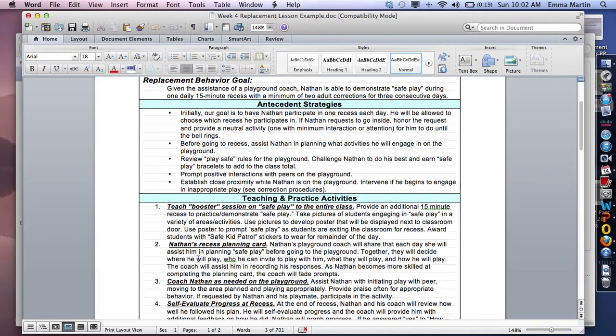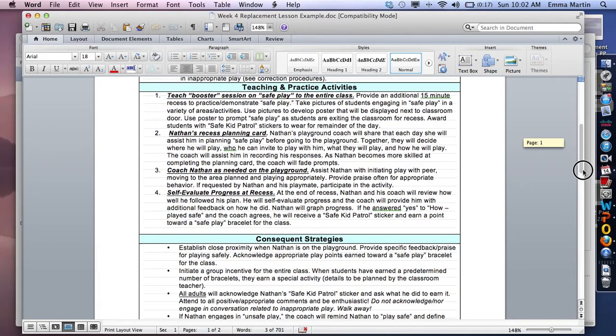We then had a recess card that Nathan completed each day. And that recess card allowed him to plan out who, when, and where he would be playing. His coach would then be on the playground and would work with him in terms of appropriate play, praise him, and provide him with immediate corrections if he started to have problems.